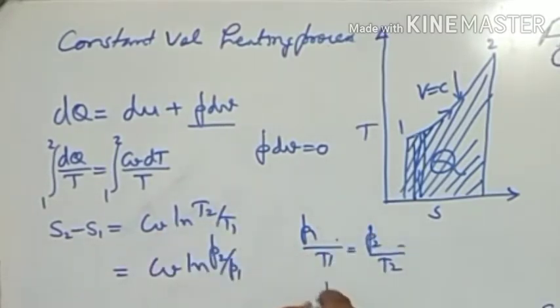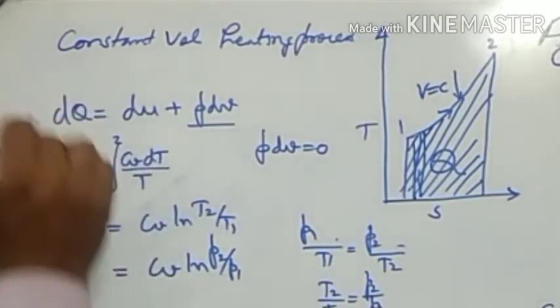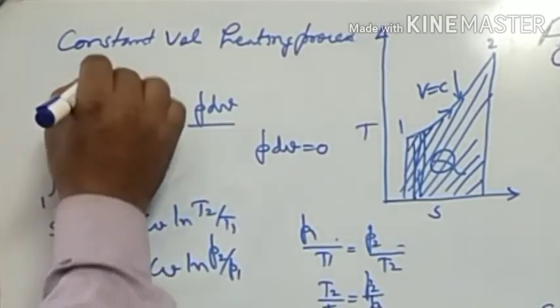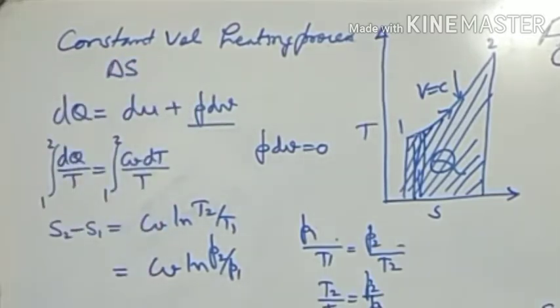So T2 by T1 can be written as P2 by P1. Here, instead of T2 by T1 we write P2 by P1. So the change in entropy during the constant volume heat addition process may be given as Cv log of T2 by T1 or Cv log of P2 by P1.